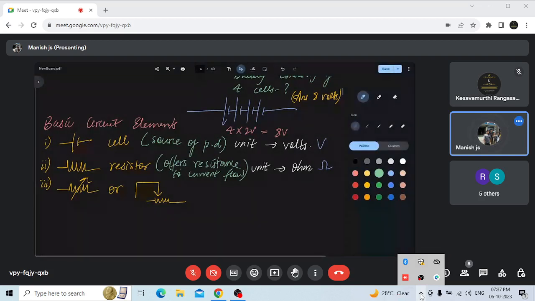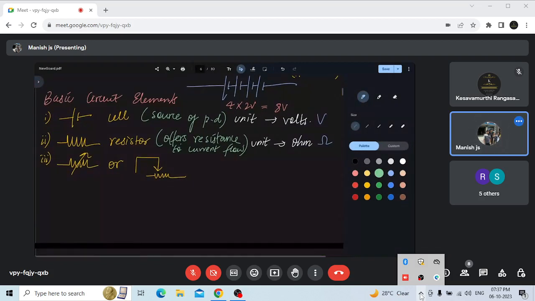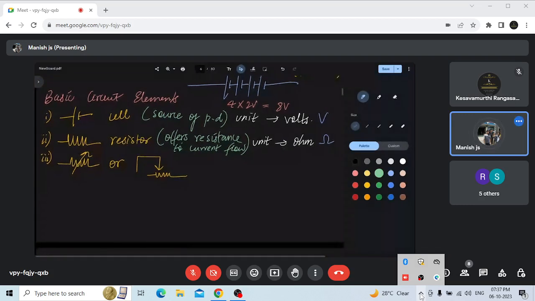Any idea? External resistance, sir. No. This is actually called varying resistance, which is called a rheostat. I'll write it here. The name is rheostat.